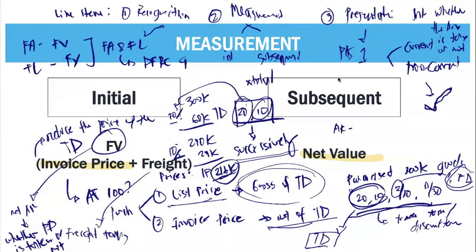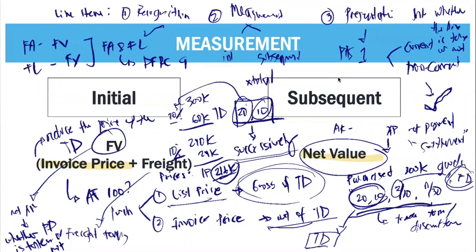Also, in your AP or accounts payable, you measure it at net value. So when we say net value, the net payment. And what is net payment? That is the amount you need to pay for that accounts payable. So again, you look into the settlement value of your accounts payable.